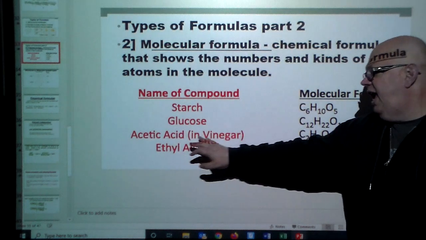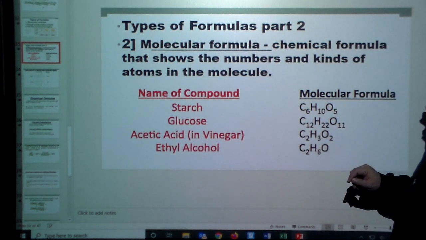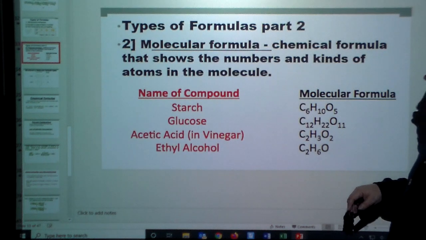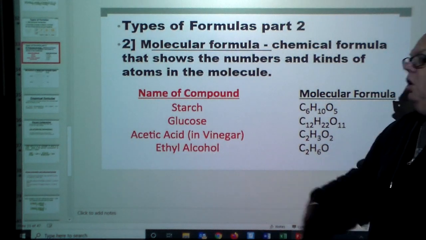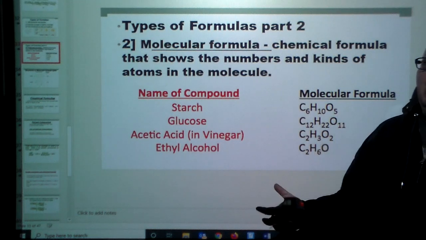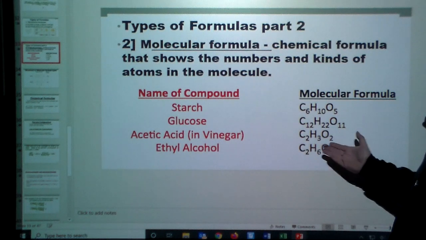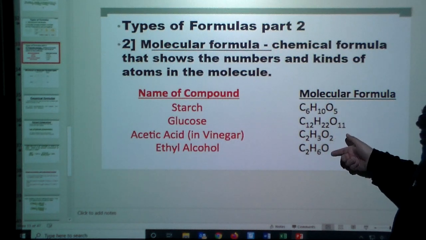Then there's acetic acid, which is basically vinegar, C2H3O2. Okay, and then there's ethyl alcohol, otherwise known as ethanol, okay, which they can add into gasoline, C2H6O. So all of these are molecular formulas.